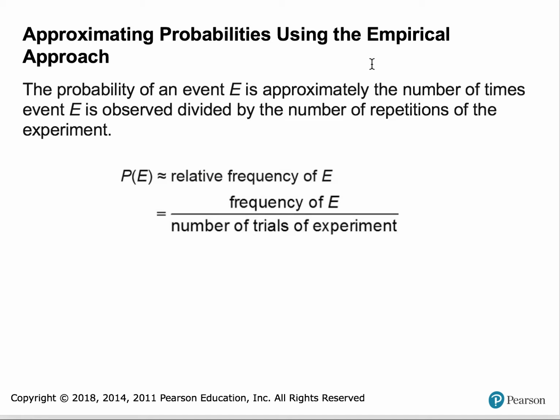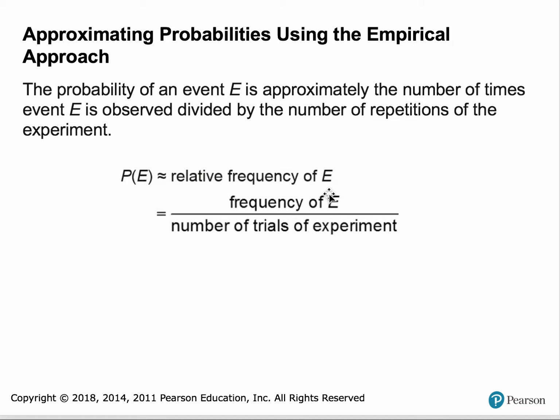It's based on an experiment. So the E in empirical might help you remember that that's the experimental ones, as opposed to what we're going to have later, classic or theoretical. But empirical means experimental. So the probability of an event is approximately the number of times event E is observed divided by the number of repetitions of the experiment.